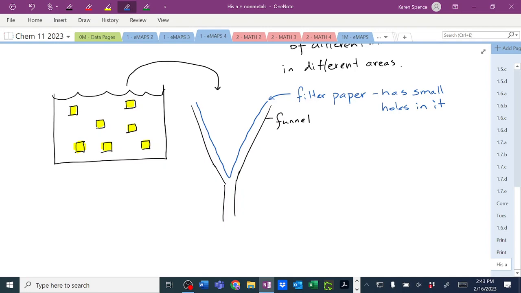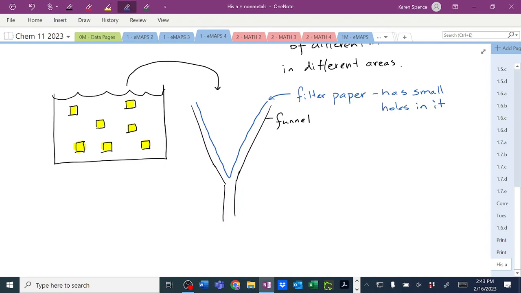Now, we're pouring the liquid through the funnel, and here comes the little mini crystal lattice. Does it go through the hole? No, because it is too big, okay?